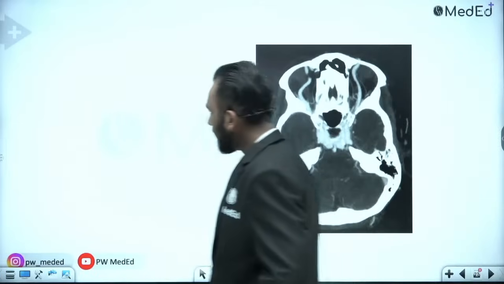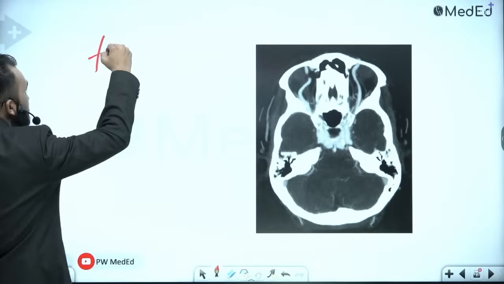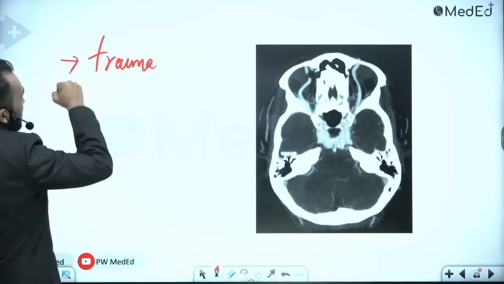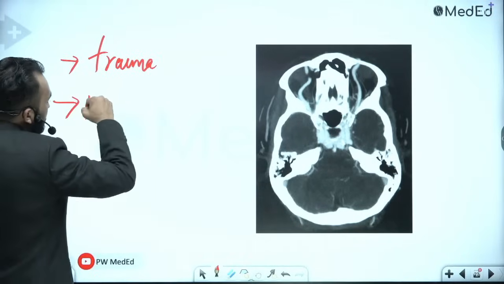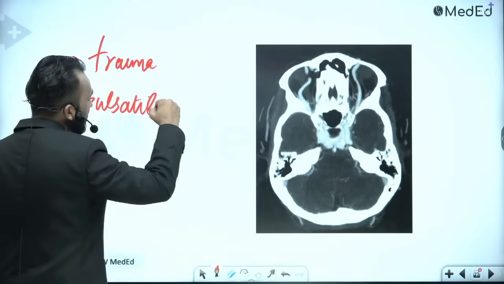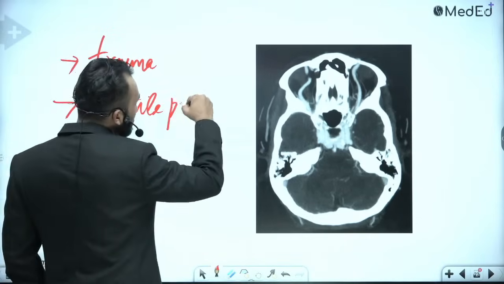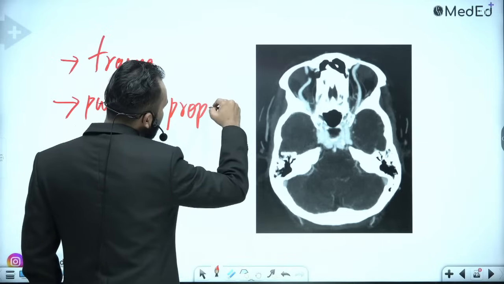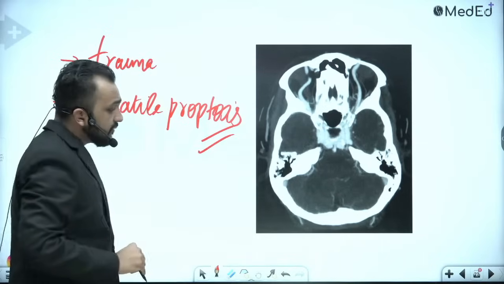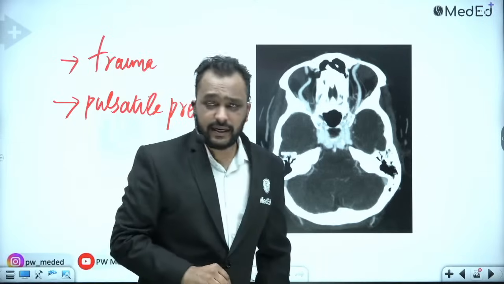So this patient had a history of trauma. You examine this patient, there is pulsatile proptosis in this patient. You are getting a CT done for this patient. What do you see on this CT head of this patient?